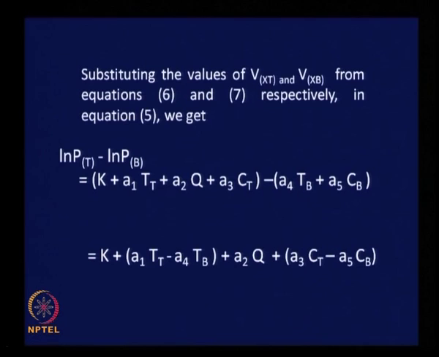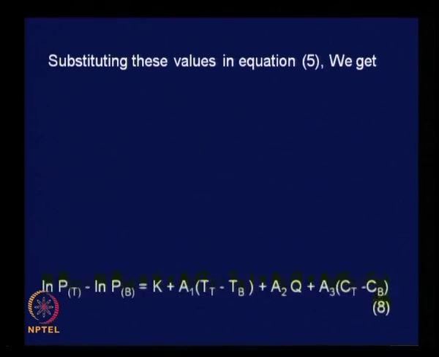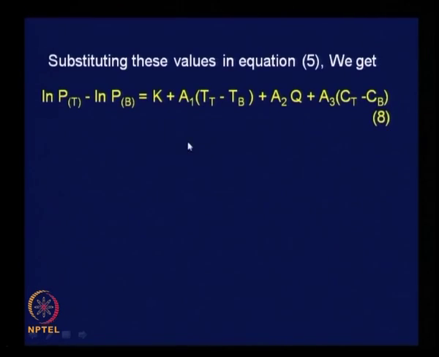So, instead of writing like this, I can write simply A1 times (Tt minus Tb), equivalent, because we have to evaluate only one coefficient. So, nothing wrong in writing as given here, right, and plus A2 times Q plus A3 times (Ct minus Cb).